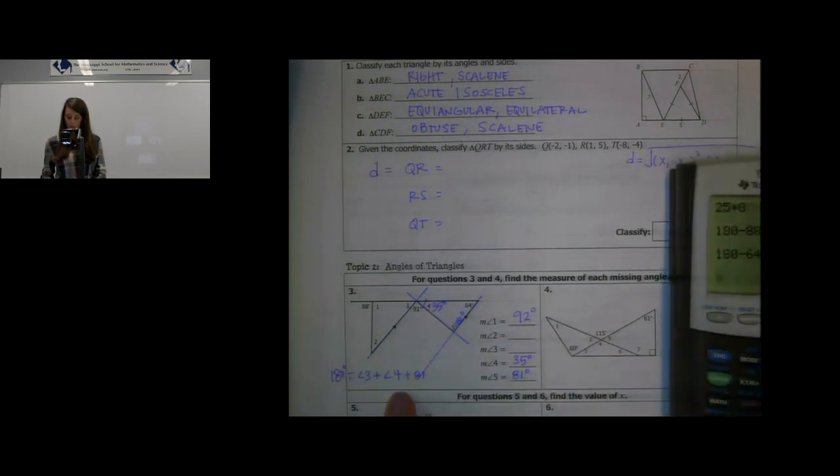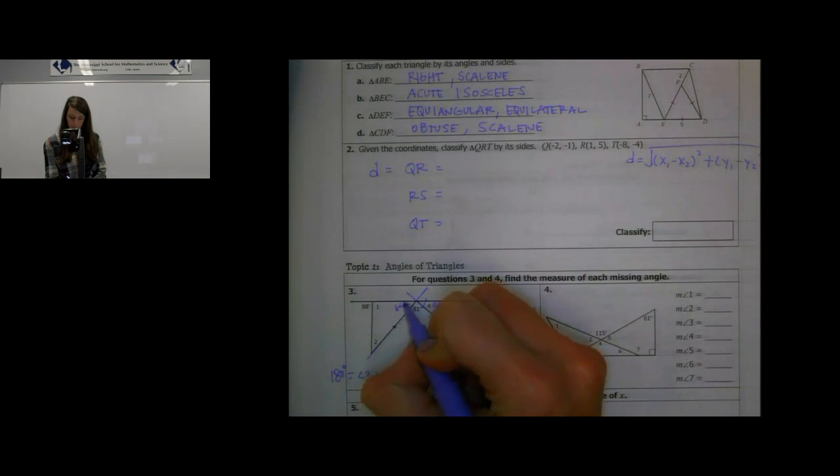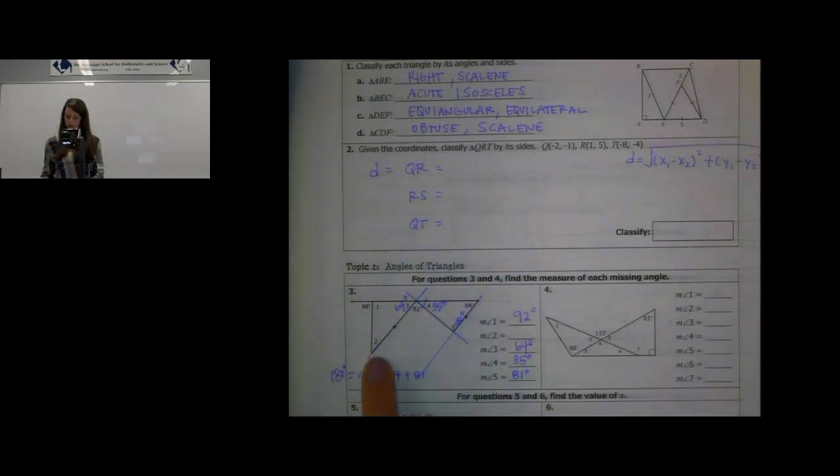They're together there. So 180 minus 81 minus 35. So angle 3 here is going to be 64 degrees. Okay, so then angle 2 is going to be 180 minus 92 minus 64. So it's going to be 24 degrees.